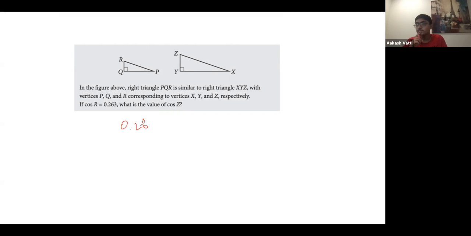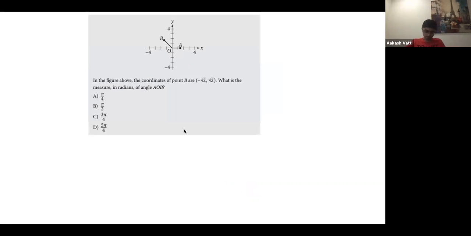And the reason for that is because the definition of cosine of R is RQ over RP, and the cosine of Z is ZY over ZX, and since they're similar, the ratios are going to be the same, because when the triangles are similar, the ratios for everything are proportional. So yeah, the ratios will be the same for both of them. So 0.263. Here's the next one.